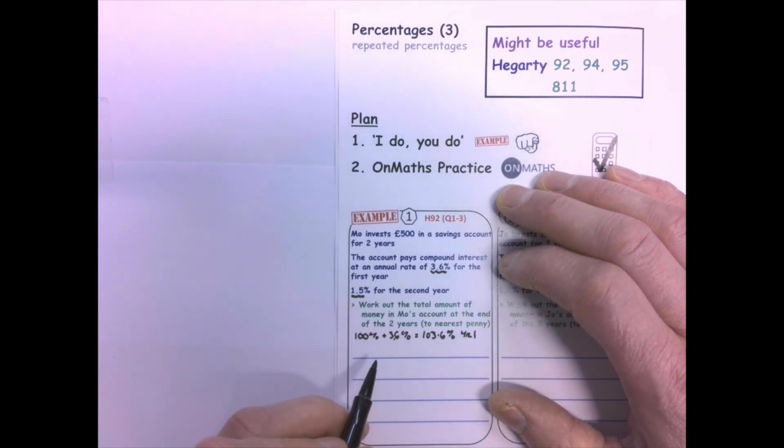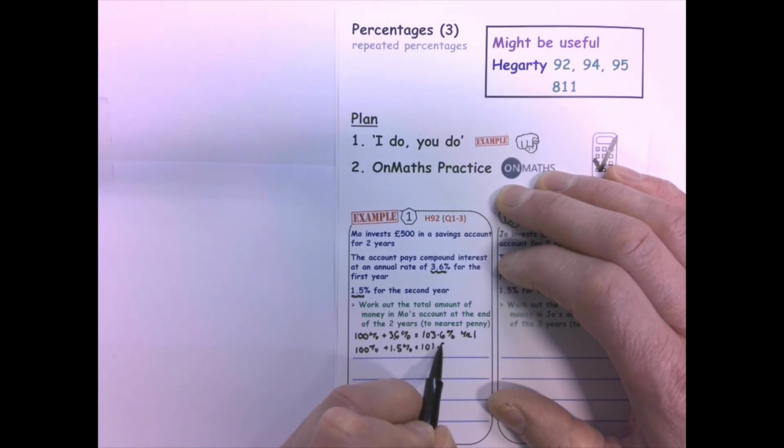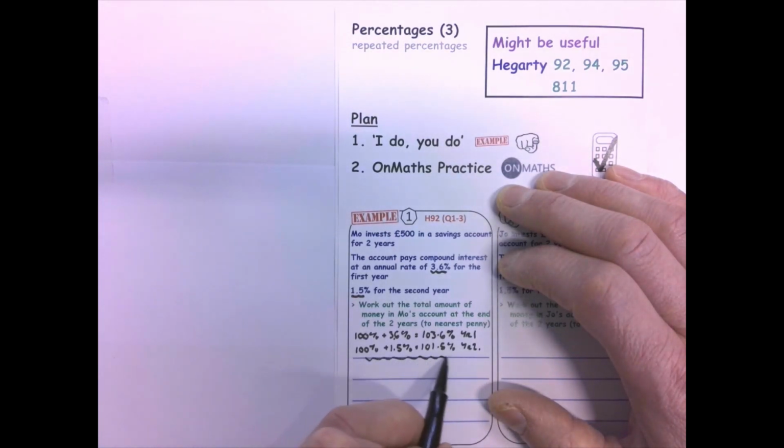Then in the second year, we've got 100% plus 1.5%, which is 101.5% in year 2.